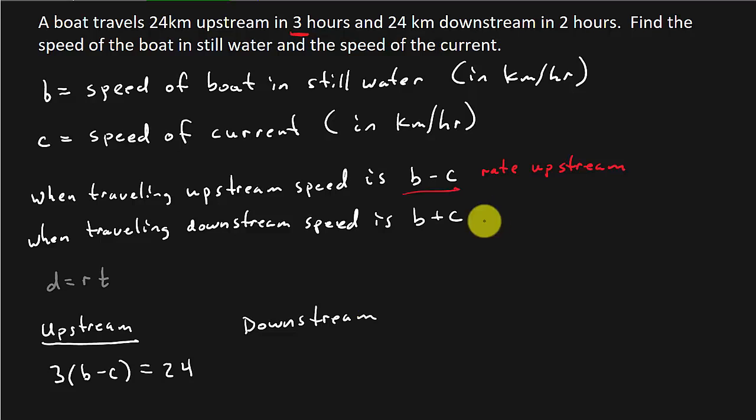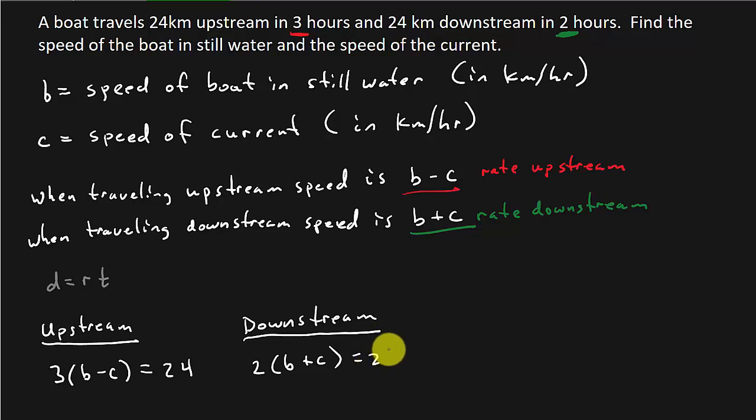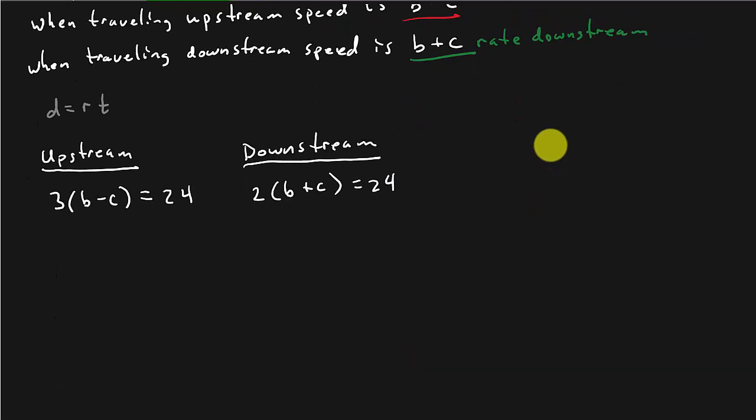So this would be the rate downstream, which is that, and this is the time that it took, 2 hours. So setting up our equation, we've got rate times time. So that's going to be 2 times B plus C equals the distance, which is 24 kilometers.